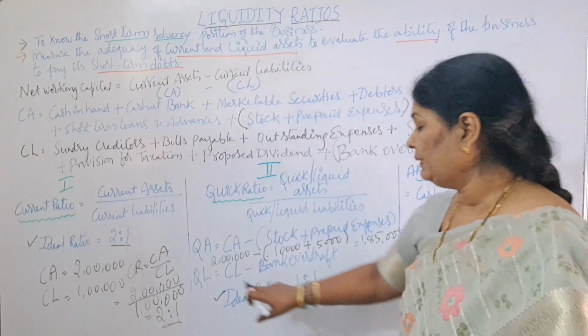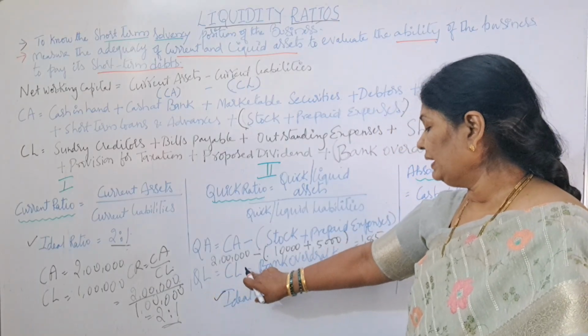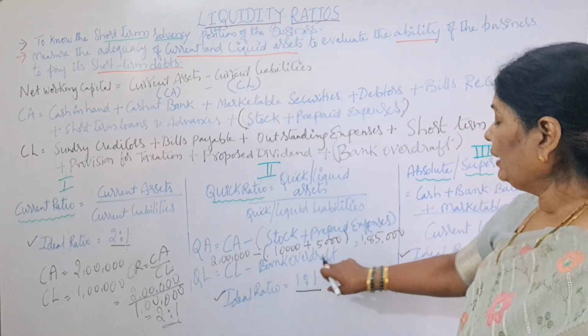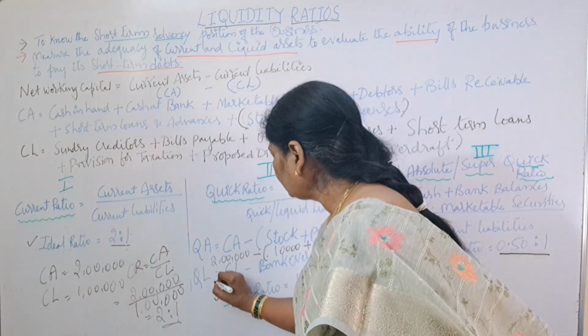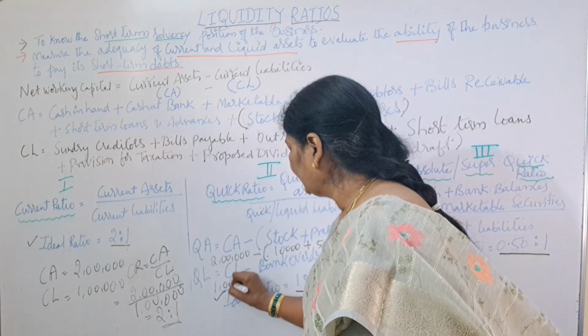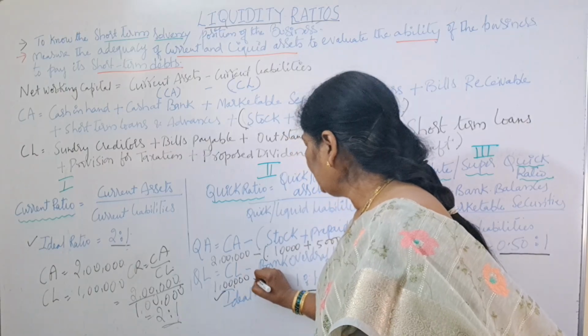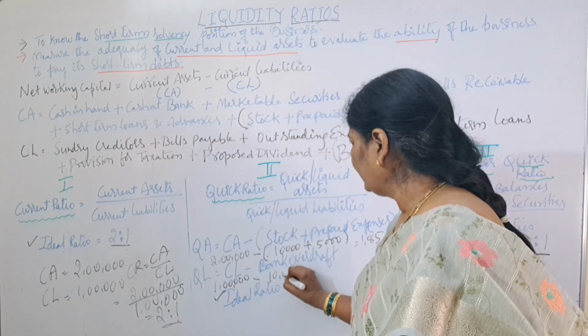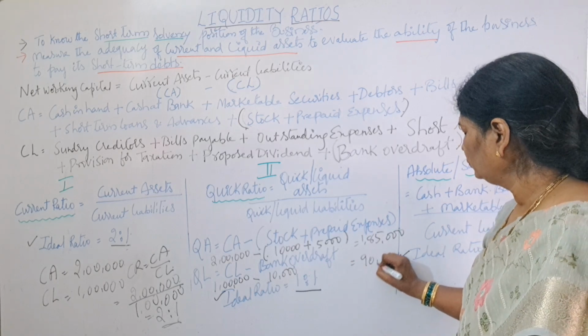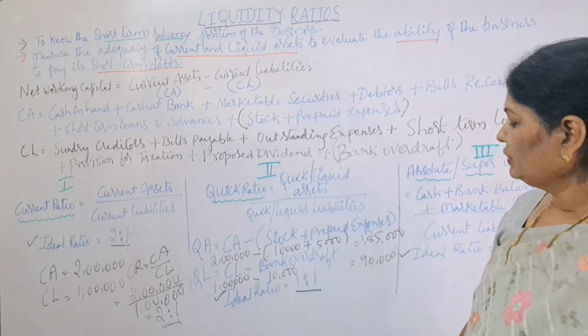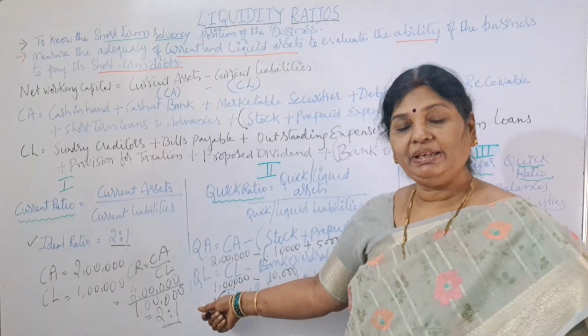Here I will show you. Quick liability is equal to current liability minus bank overdraft. Say the current liability total is how much? 1 lakh, right? Minus, if the bank overdraft is 10,000, what is that amount? 90,000. So like this we will calculate quick liability.